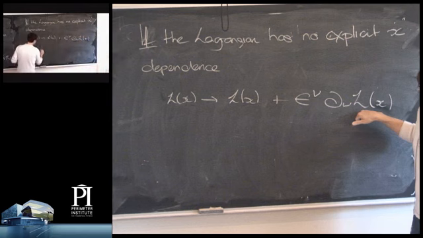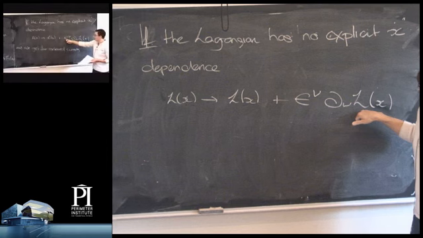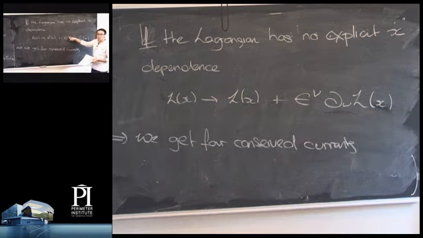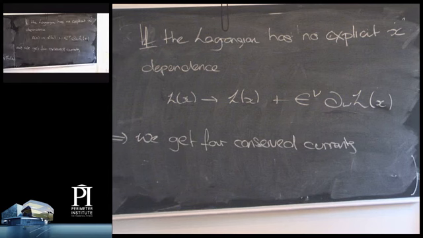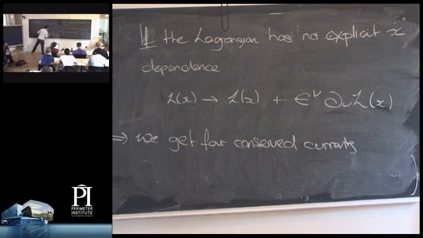So what we're going to get is 4 conserved currents. So 4 because we've got 4 different transformations here because we're in 4-dimensional Minkowski space. This index here goes 0, 1, 2, 3. And we know exactly what they are.